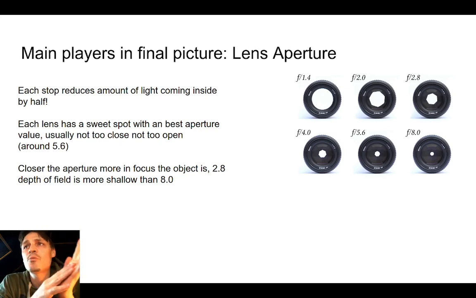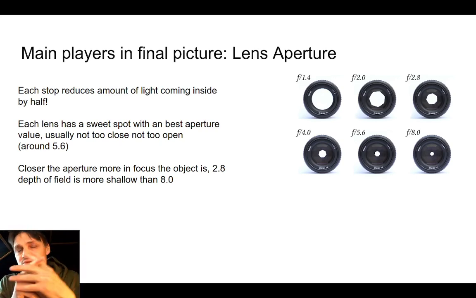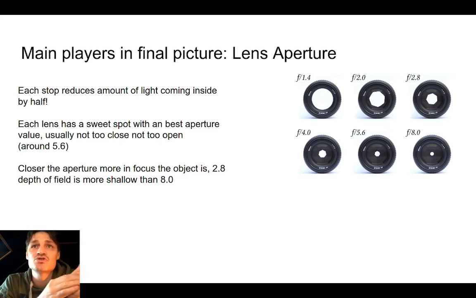And when you're opening the aperture, there's too much light coming inside, not because it's overexposed, but the image starts to be a little bit more milky. Of course, defocus, but we'll talk about that later. A more closed aperture creates a picture which is more in focus, so when the aperture is closed, the depth of field is deeper, while when the aperture is open, the depth of field is more shallow.